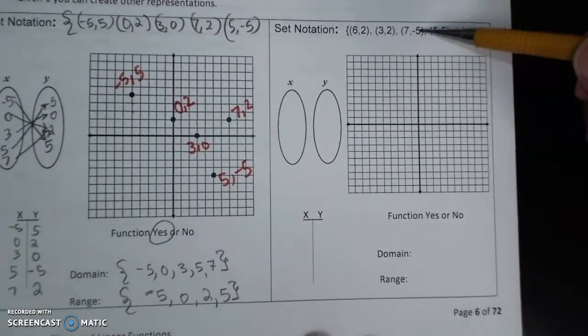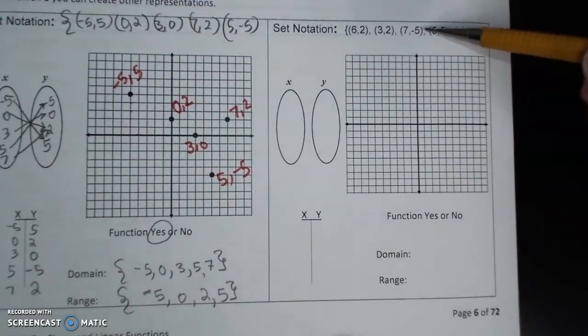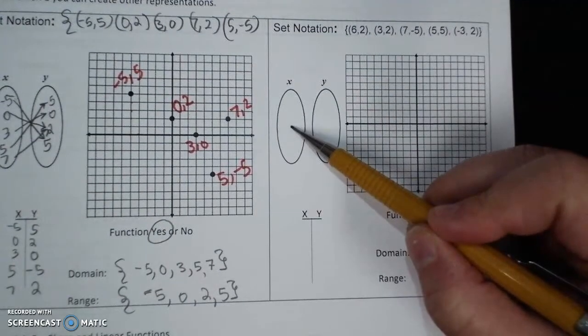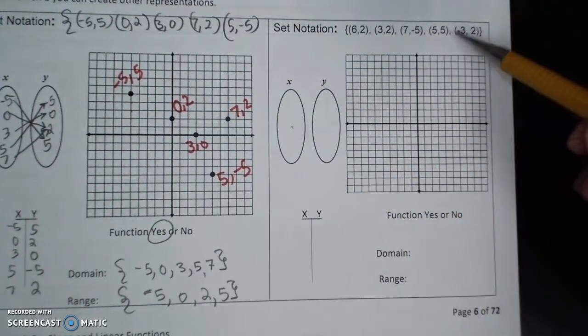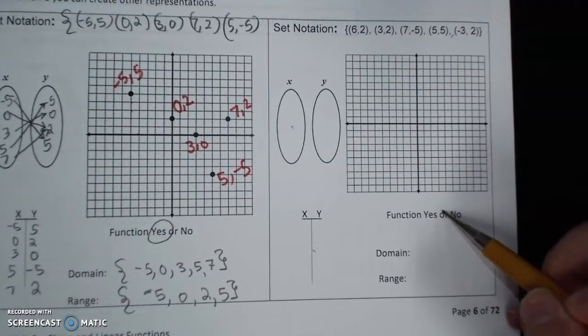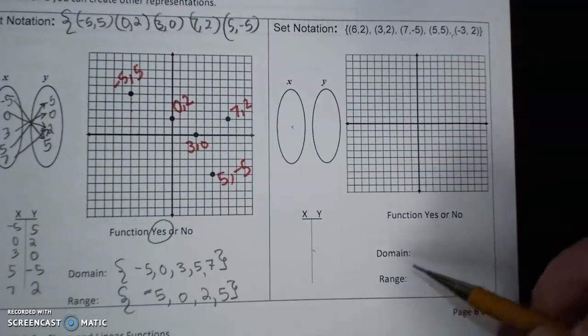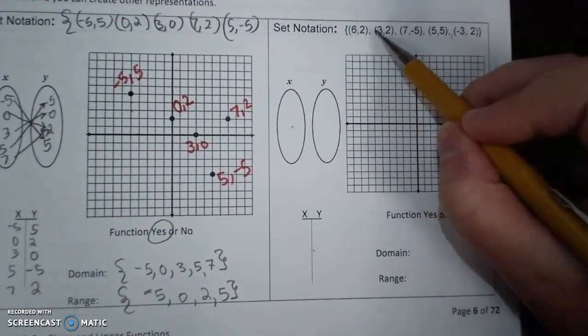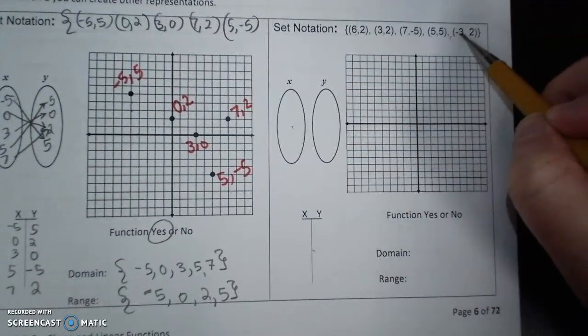From set notation, what you would do is you would plot them. You would also put them in the mapping. You could put them in a table. You can answer yes or no for a function, and domain and range. So let's look if this is a function. 6, 3, 7, 5, -3.